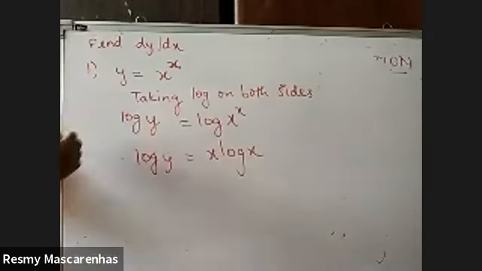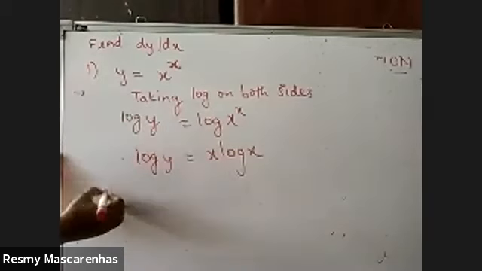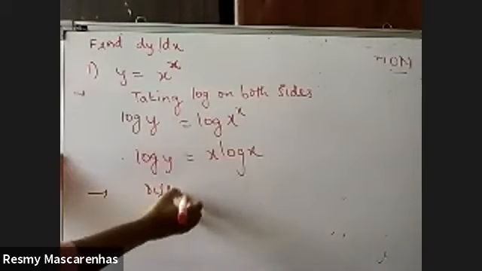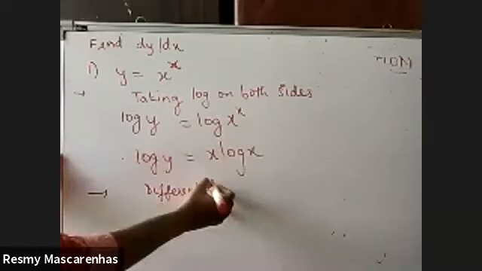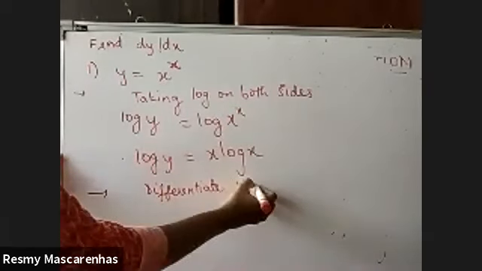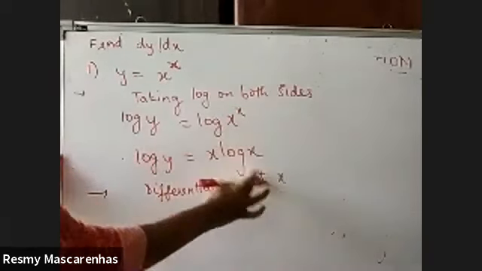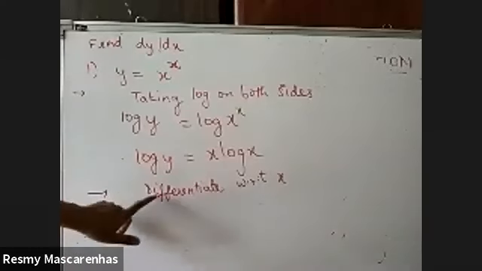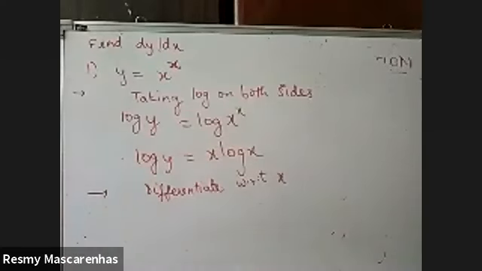Now step number 2. So this was step number 1. Step 2 is differentiate with respect to x. Or I can write just diff. Even for exam, if you just write diff, it is okay.